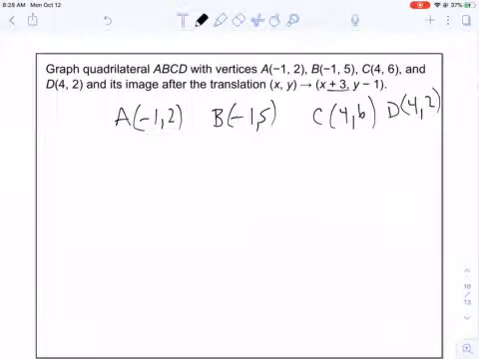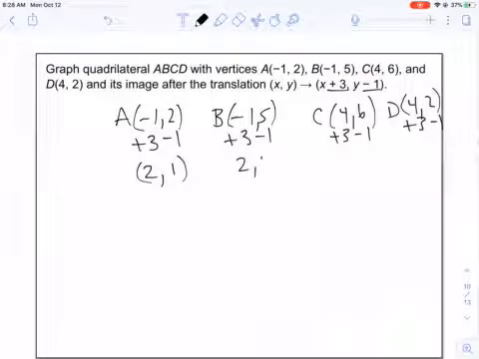The rule says add 3 to all of your x's and subtract 1 from each of your y's. All right, that's 2, 1, 2, 4, 7, 5, and 7, 1.